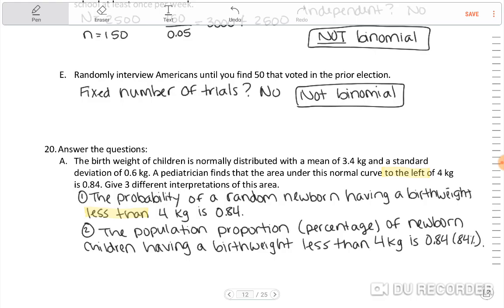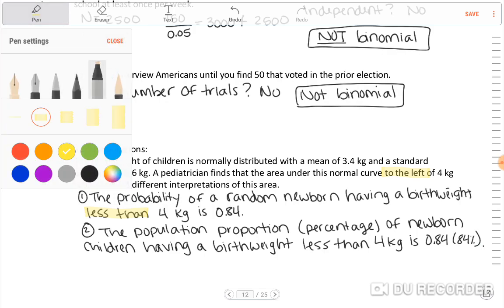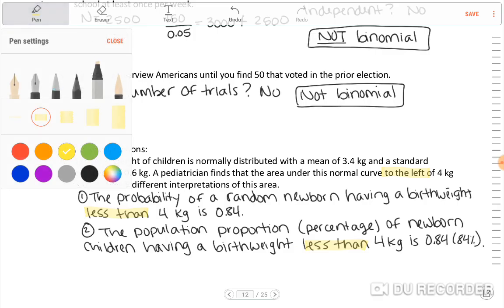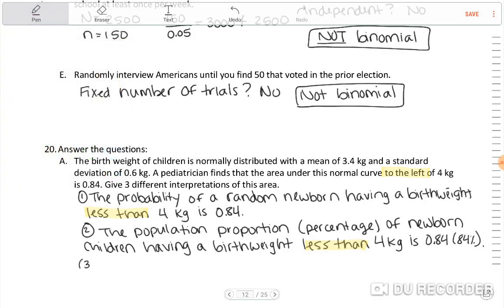That's the second one. Once again, we're using less than here. Then our third interpretation is in terms of percentiles.